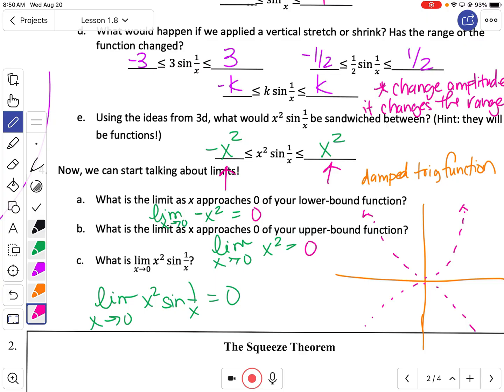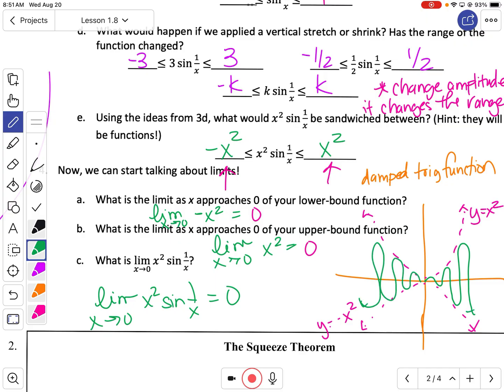There's our upper and lower bounds: y equals the opposite of x squared, y equals x squared. And we sandwich sine of x between those two functions. Sine starts at 0, goes up, gets our roller coaster, and that roller coaster is just going to grow and grow both ways. So it looks something like that. If you graph the whole function, that's exactly what it looks like.